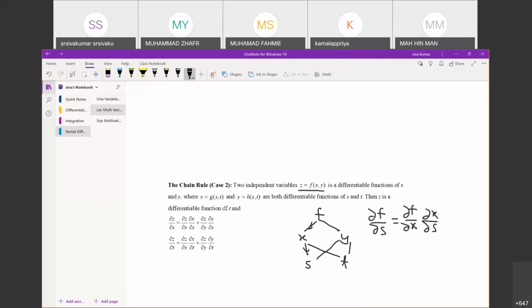If I cancel, I'll get del f del s back. It's not really a cancellation, I'm just asking you to verify. This is verifiable. Similarly, if I go through this, del f to del y, then del y del s, done. You have done the first equation.